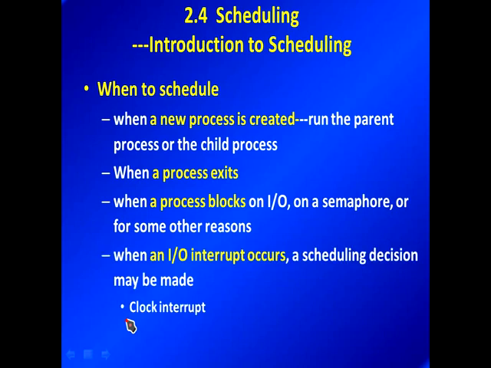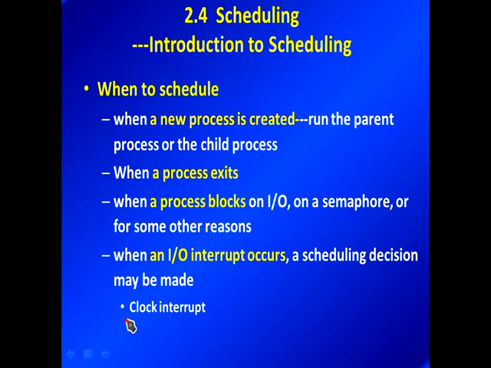And the last case is about the interrupt. When an I/O interrupt occurs, if you recall the part relevant to the interrupt we introduced before, you can see whenever the interrupt occurs, the CPU has to stop what it is doing, stop the current process, stop the instructions for the current process, and the CPU needs to handle this interrupt, right?